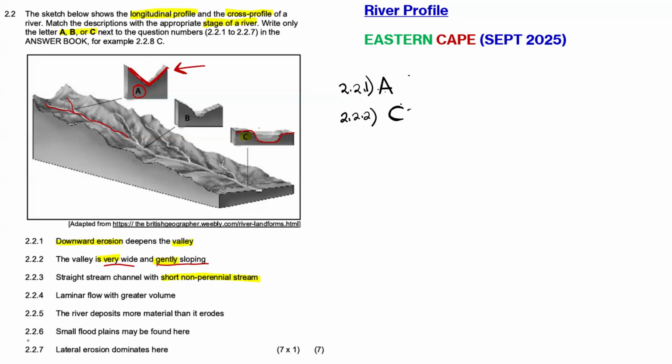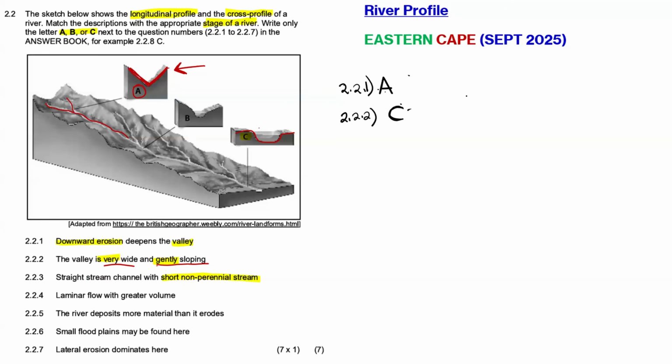Okay, why? The straight stream. Okay, what is straight in this context? Okay, let's hear from someone else. Okay, you say it's C because of the straight stream. Right. Yes, Andy.